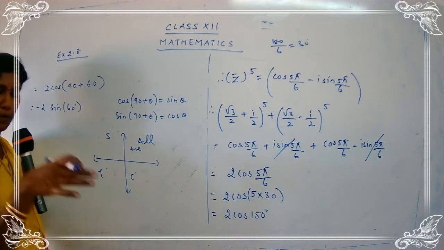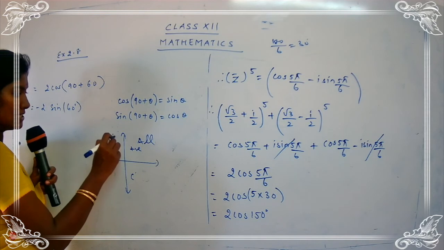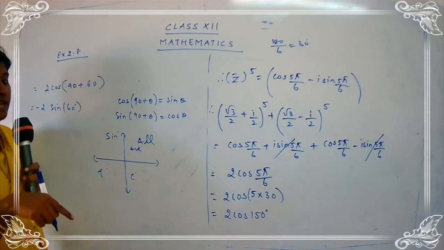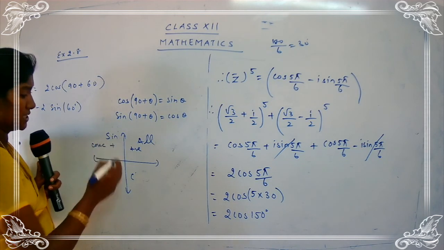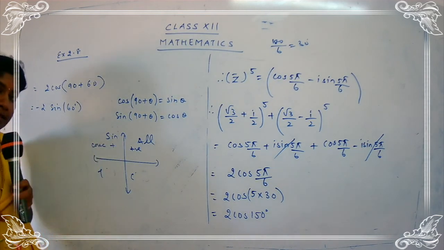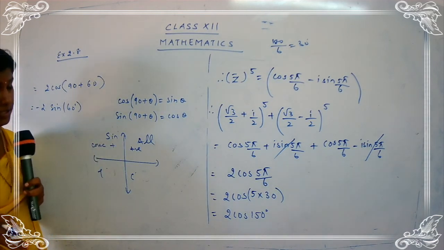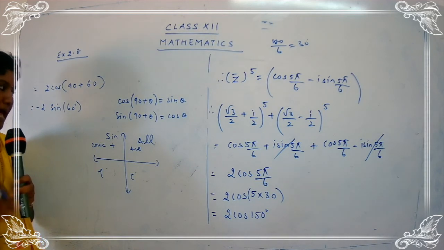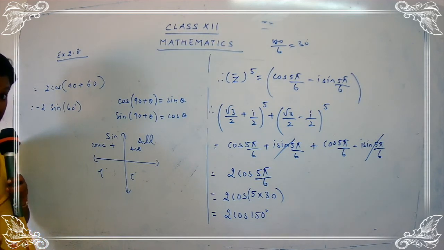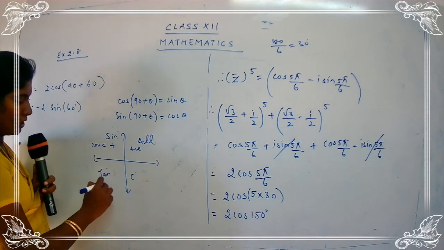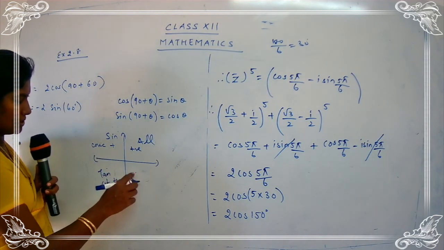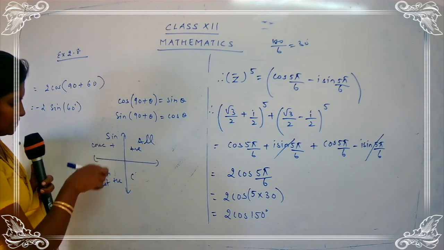Here, sine and the reciprocal of sine, cosec, are positive, and the remaining terms are negative. If you get cos, tan, cot or sec, they are negative, except that tan and cot are positive here. This is all students take chocolate.